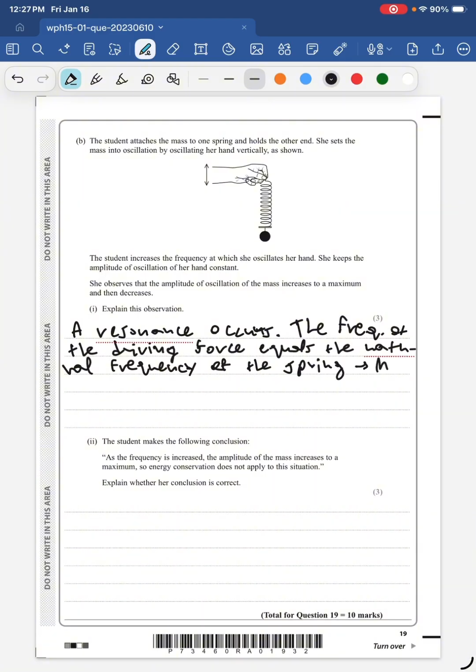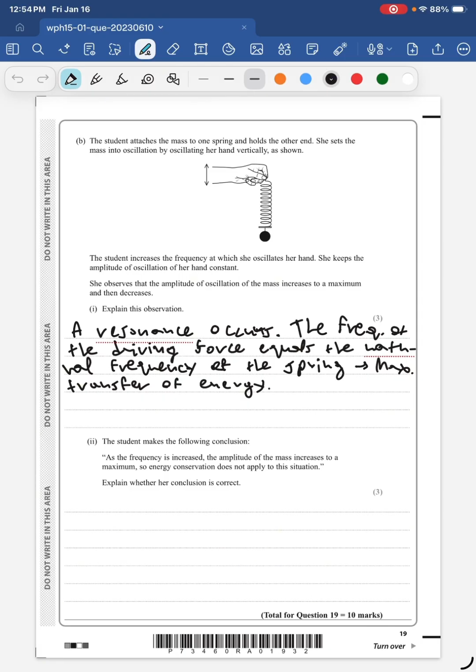So we have a maximum transfer of energy. Okay, and we are left with the second part of question B.